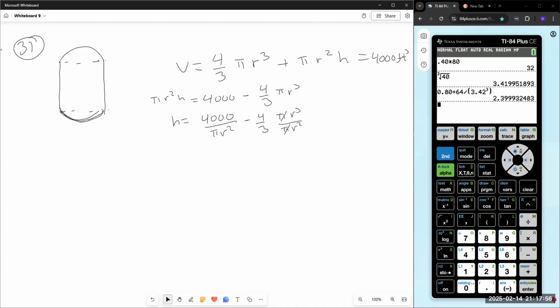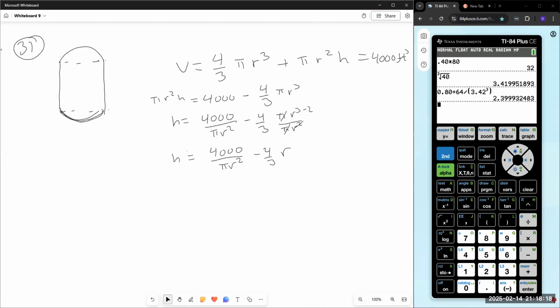That's going to leave me with h of r is 4,000 over pi r squared minus 4/3 r.